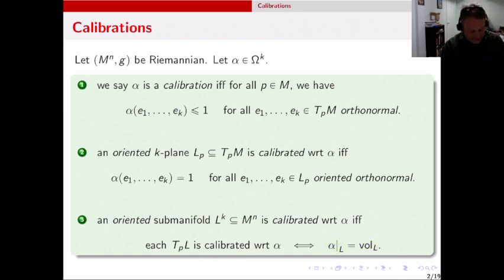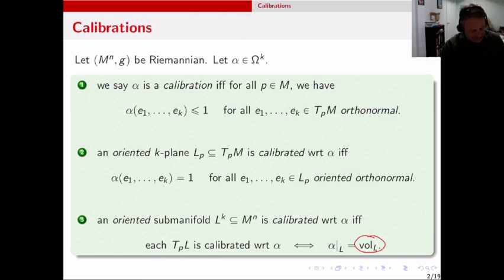Now this makes sense because there's a metric on L obtained by restricting the metric from M to L, and we have an orientation on L, and therefore since we have a metric and an orientation, we get a volume form. So this form is well defined, and we know that any k-form on L will be some function times that volume form.